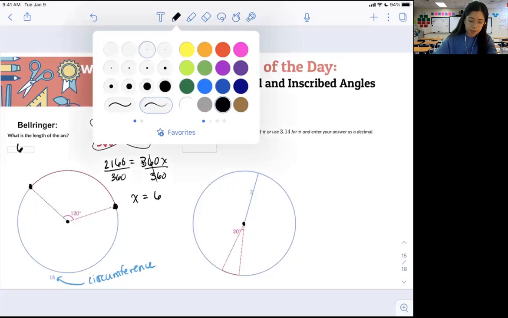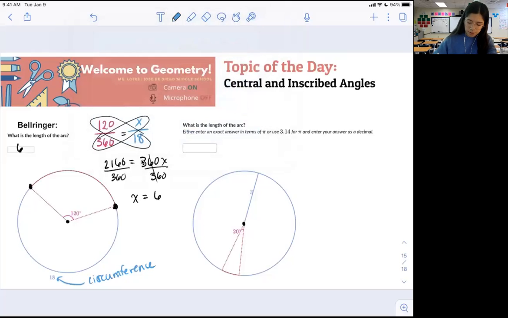So we need to find the circumference first. How do I find the circumference from the radius? Good, 2 pi r. So if my radius is 3, what would be my circumference?